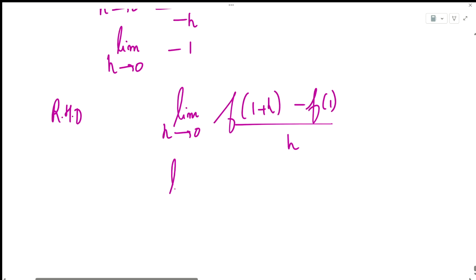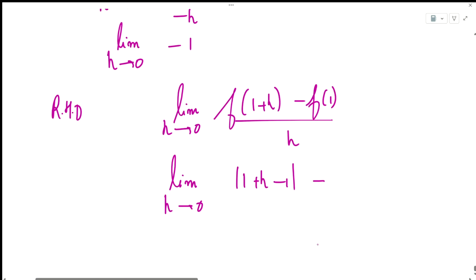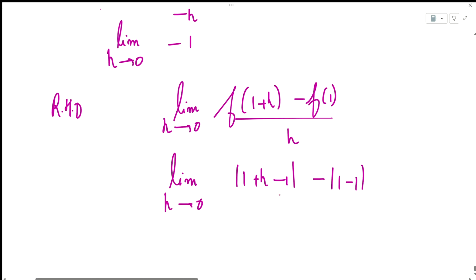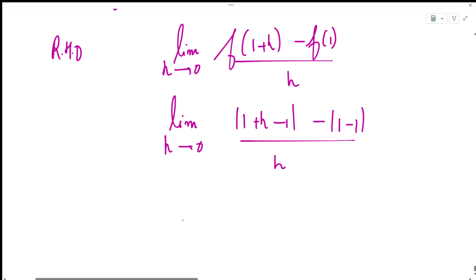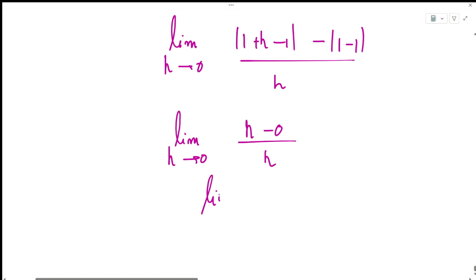So limit h tends to 0, mod of (1 plus h minus 1) minus f of 1, which is mod of (1 minus 1), and on the bottom we have h. So mod of h is simply h, minus 0 upon h. So this gives me limit h tends to 0, h upon h is simply 1.